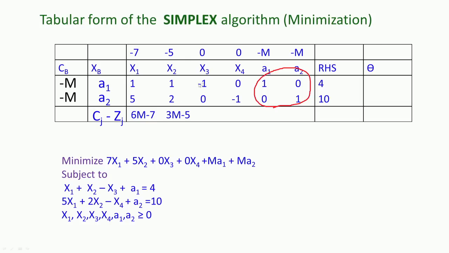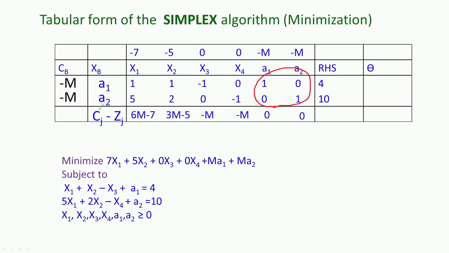Minus m into minus 1 plus minus m into 0 is plus m. So 0 minus m is minus m. Minus m into 0 plus minus m into minus 1 is plus m. 0 minus m is minus m. Minus m into 1 plus minus m into 0 is minus m. Minus m minus minus m is 0, and similarly it is 0.